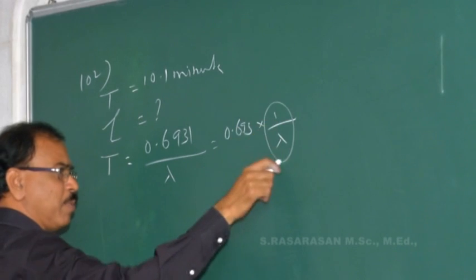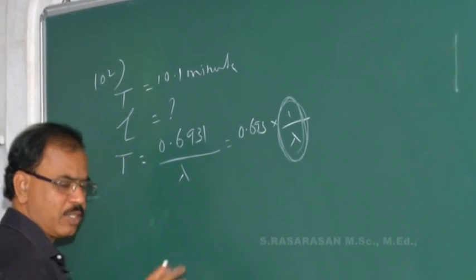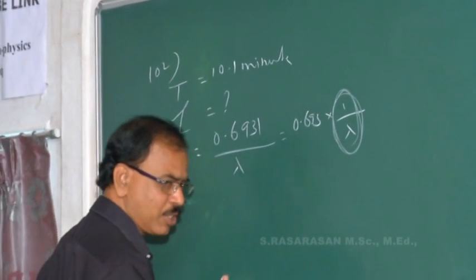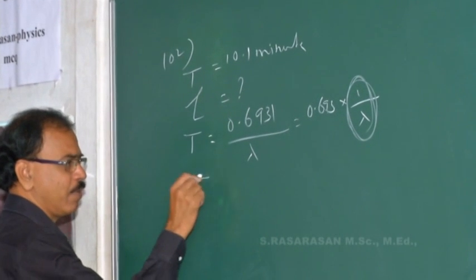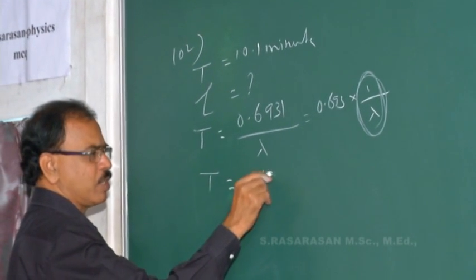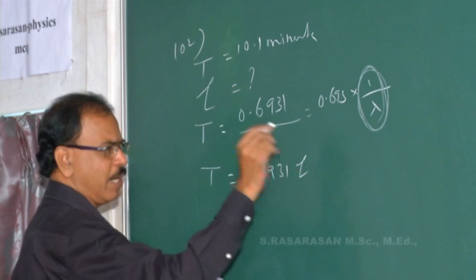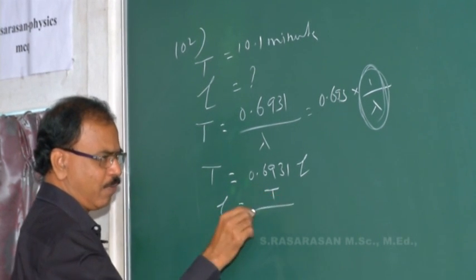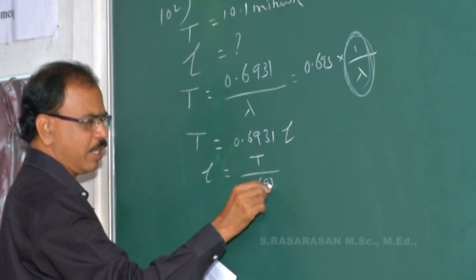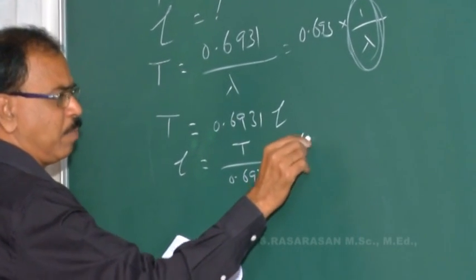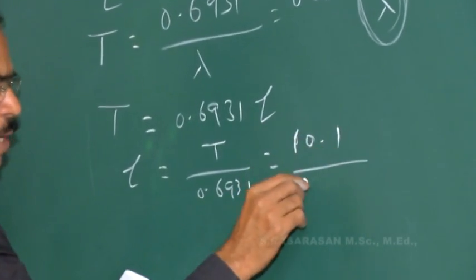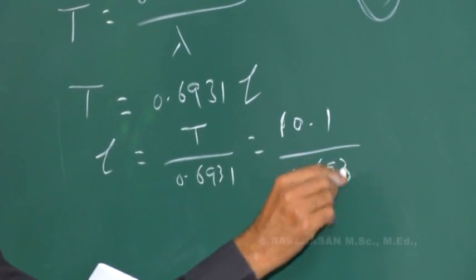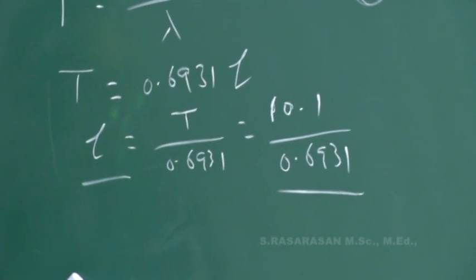We know that the reciprocal of decay constant, disintegration constant, is mean life. So T half is 0.6931 into mean life. So mean life is equal to half-life by 0.6931, that is 10.1 minutes divided by 0.6931. That is the answer for the question.